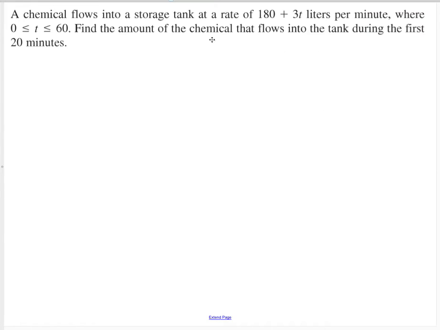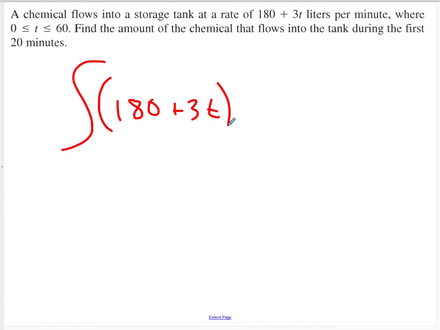So we want an amount, and we're given the rate. If you have a rate and you want to find amount, integrate the rate. So integrate the rate with respect to t, and it says for the first 20 minutes, so we'll go from 0 to 20.